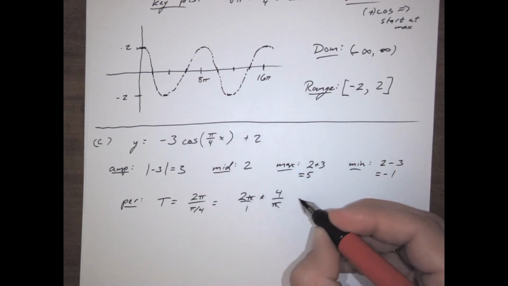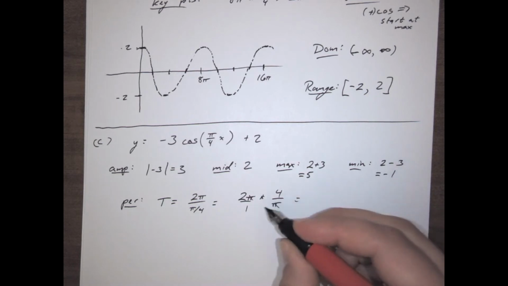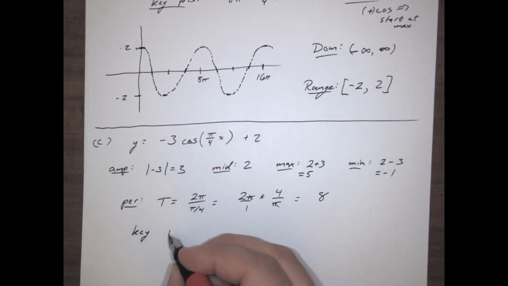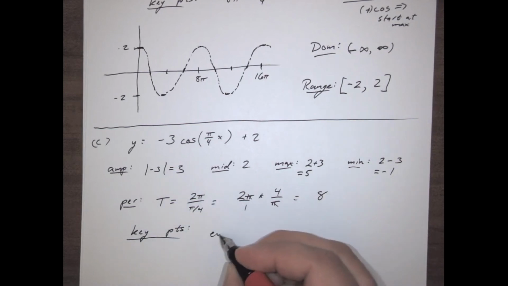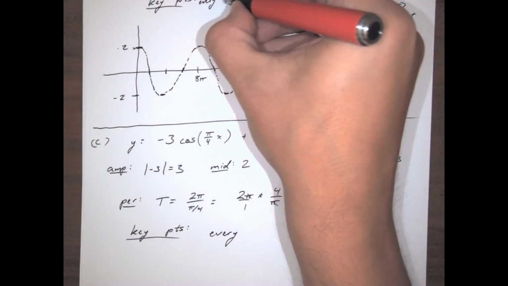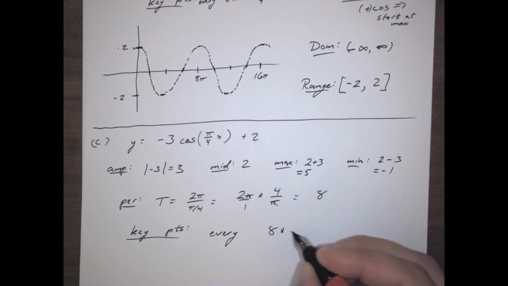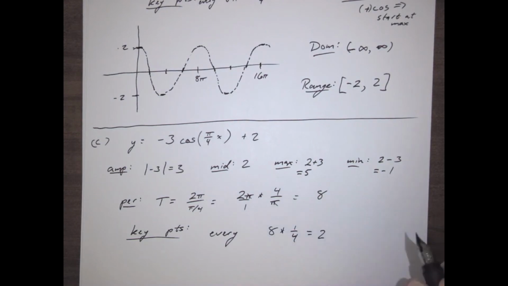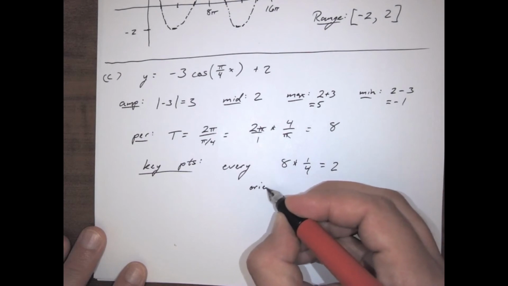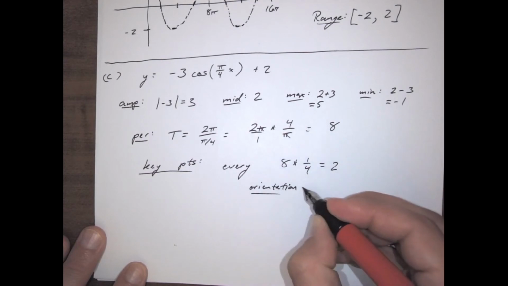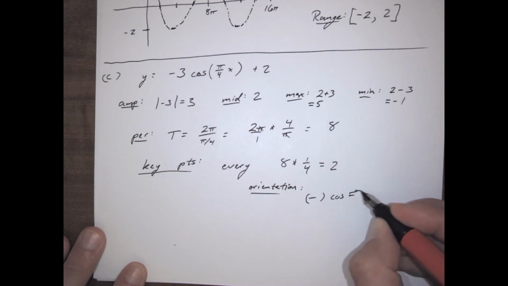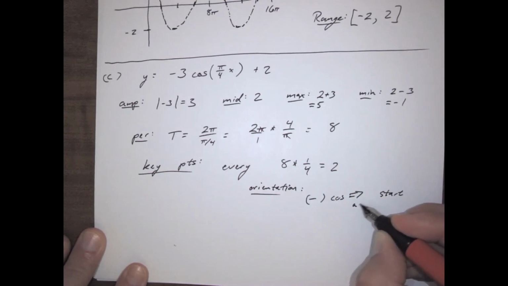And then if we find any canceling pairs of factors, we would let them cancel, and that gives us just 8, which then means the key points will be every 8 times a quarter, which is 2. So the key points will be happening every 2 units. What else do we need? The orientation. So it's a negative cosine, which means we start at the minimum.